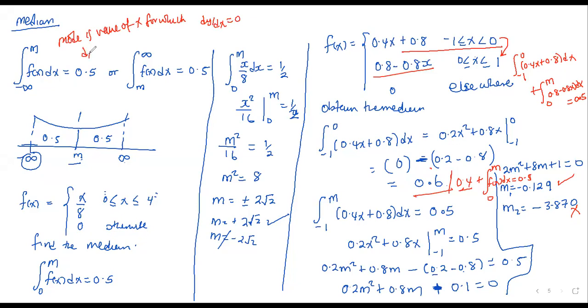So if you differentiate your function with respect to X and equate it to 0, the X value you get is the mode. For example, here, when I differentiate X over 8 with respect to X, the answer is 1 over 8. So the mode is 1 over 8.